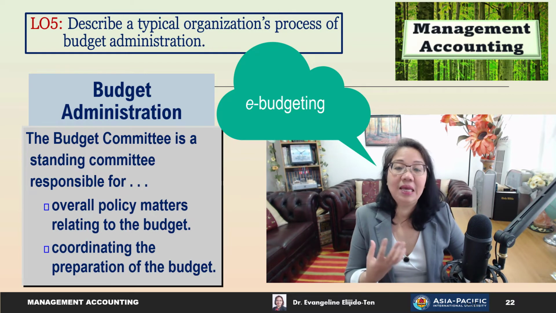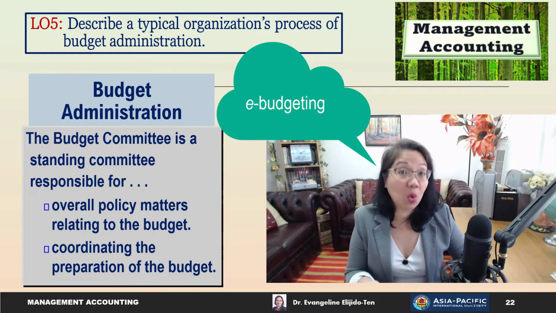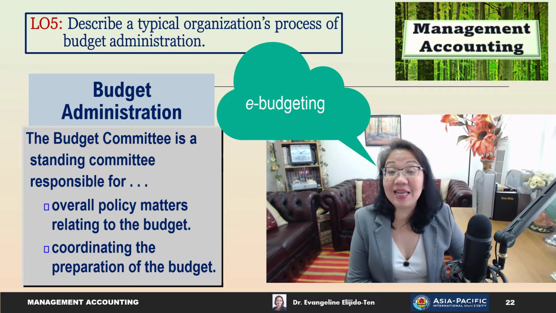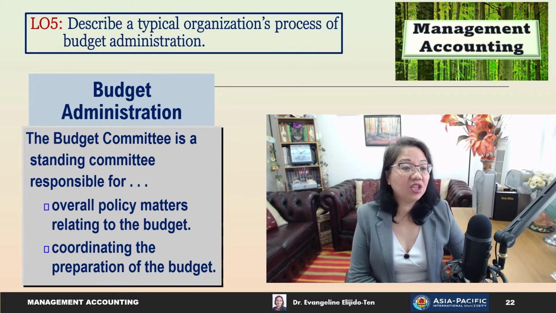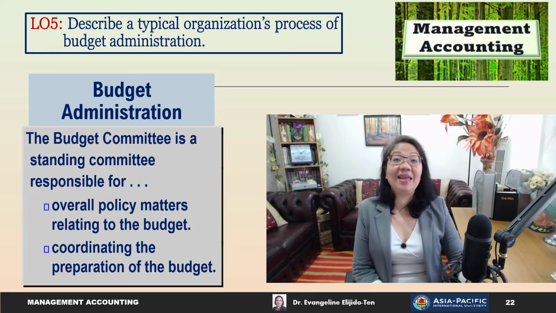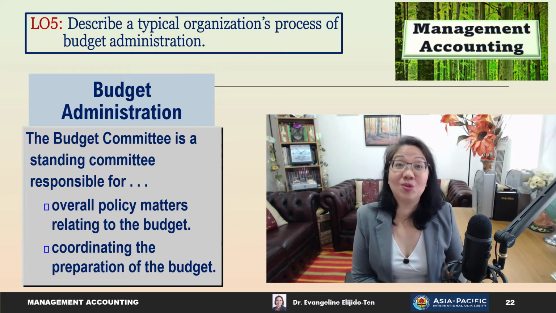So e-budgeting is a good way to coordinate the preparation and the dissemination of information in the budget. Managers in organizations using e-budgeting have found that it greatly streamlines the entire budgeting process. In the past, these organizations compiled their master budgets on hundreds of spreadsheets which had to be collected and integrated by the corporate controller's office. So they are able to really streamline the process.